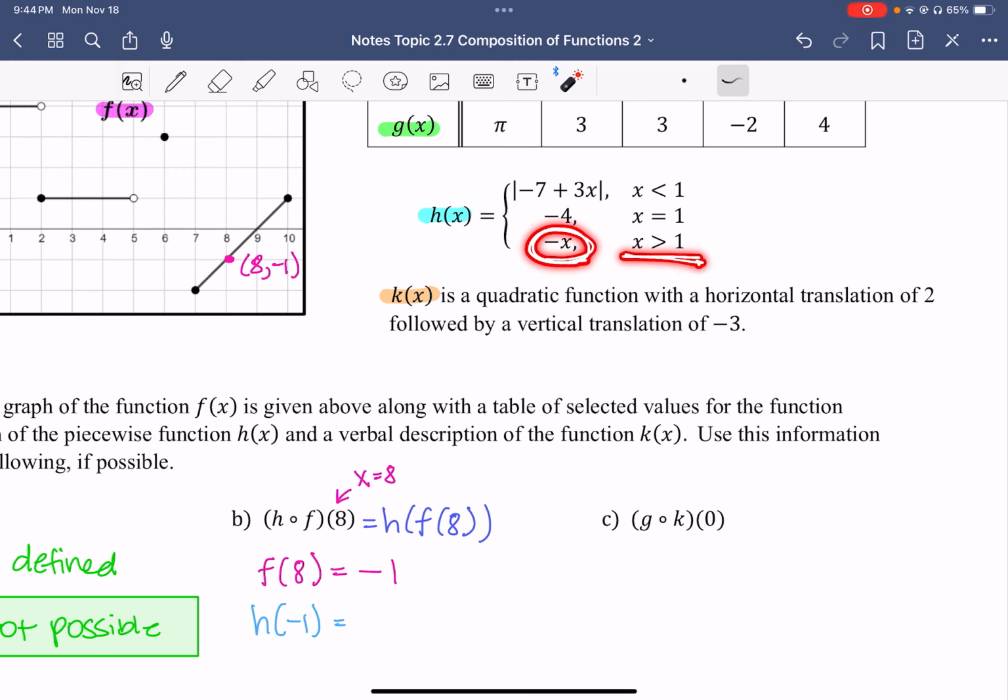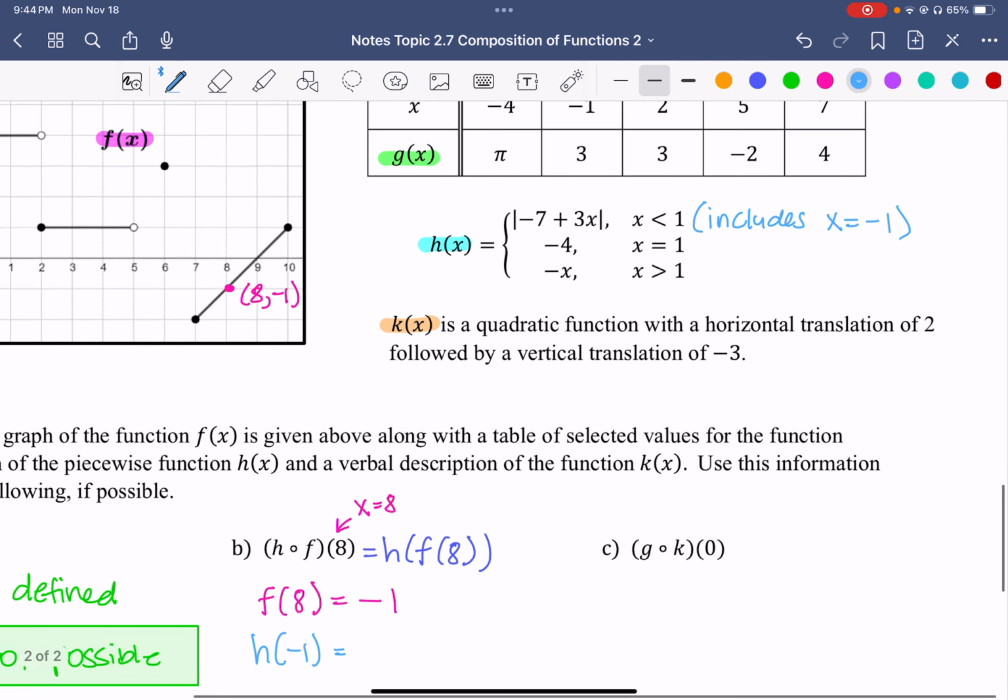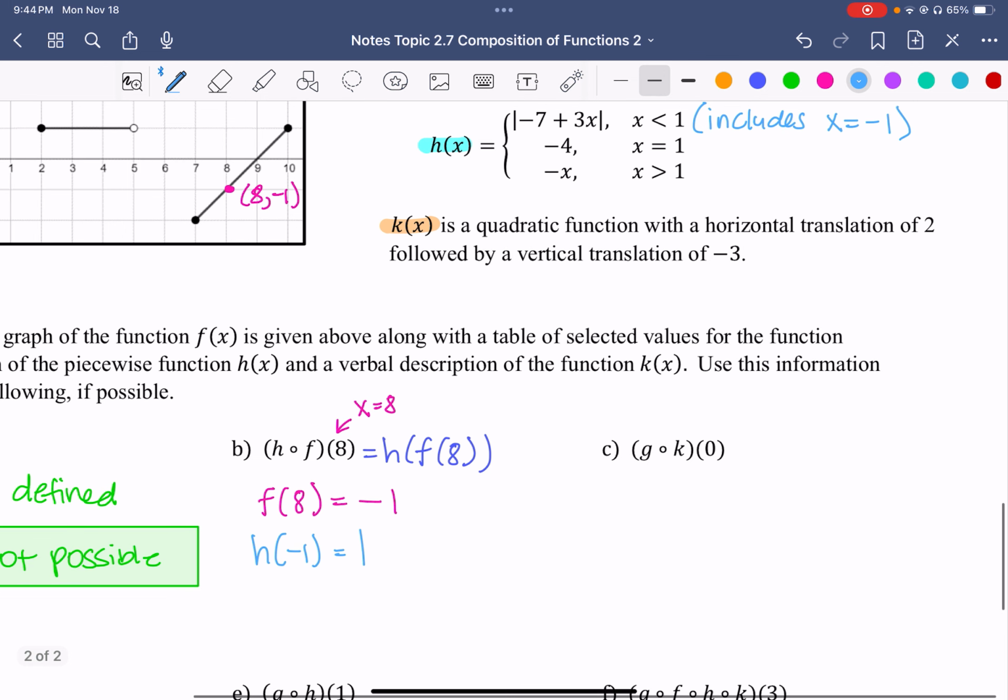greater than 1. So here I'm evaluating x equals negative 1, which is a value that is less than 1. Okay, so that means I'm going to use the first equation. So this domain includes x equals -1, which is what we're looking for. So for that reason, I'm going to use the absolute value and not any of the others.